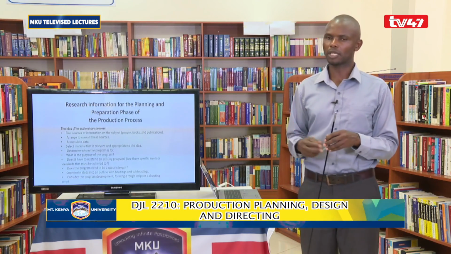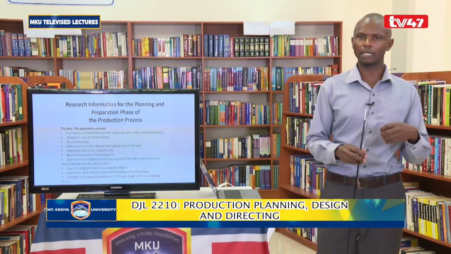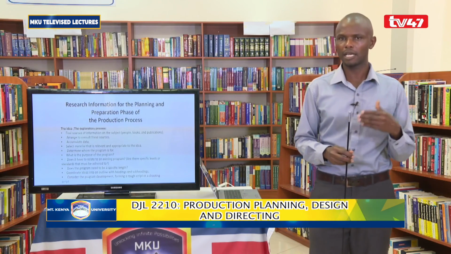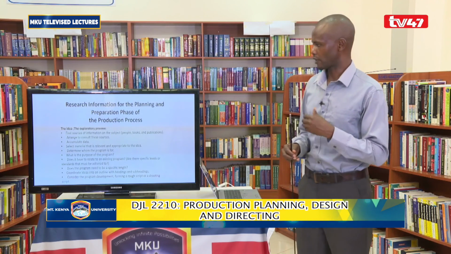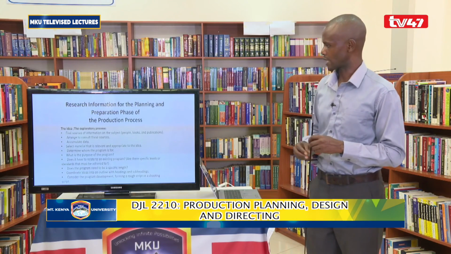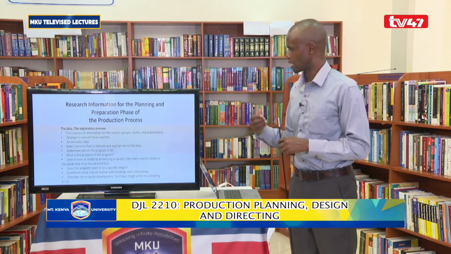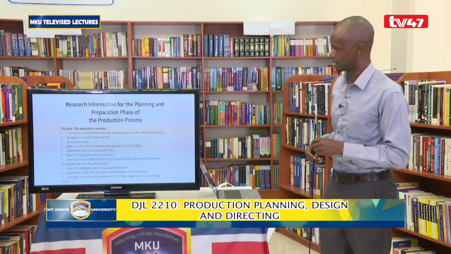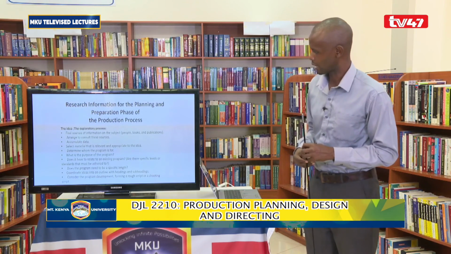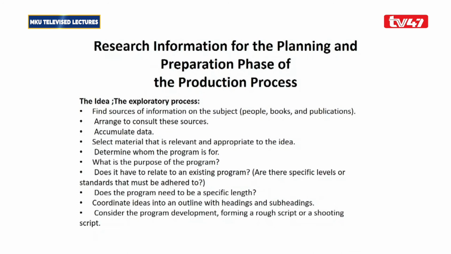Some of the information that you gather there can enable you to have another good idea that you can produce as other programs in the future. But for this particular program that you are going to produce, you must select the information that you think is appropriate to the idea that you are developing, to that project.